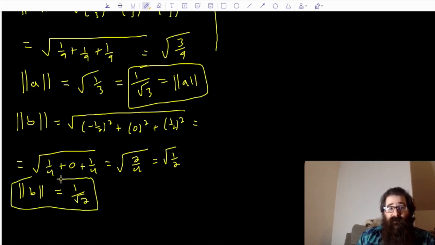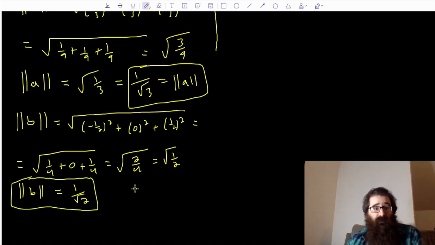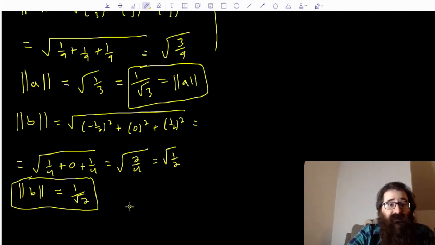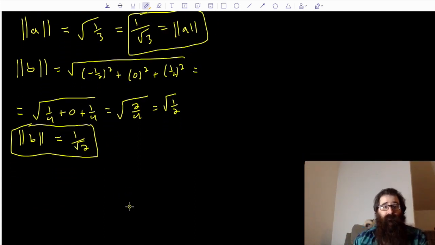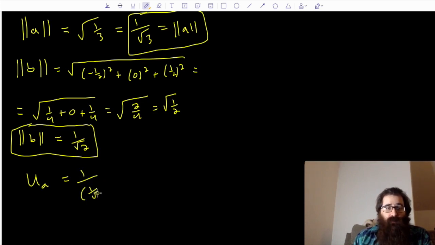So neither of these, in fact, were unit vectors. They're both sort of messing up that orthonormal set. But I can build these into unit vectors. So maybe I'll call the vector u sub A for the unit vector on vector A. I would want to divide by the length of the vector, so 1 over radical 3 times that first vector.